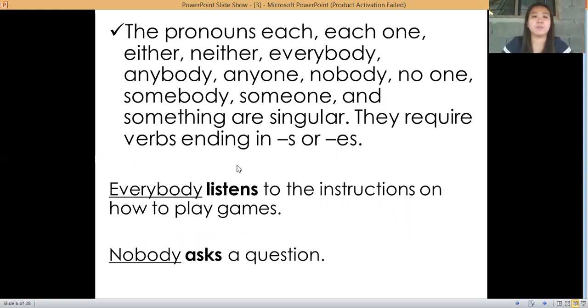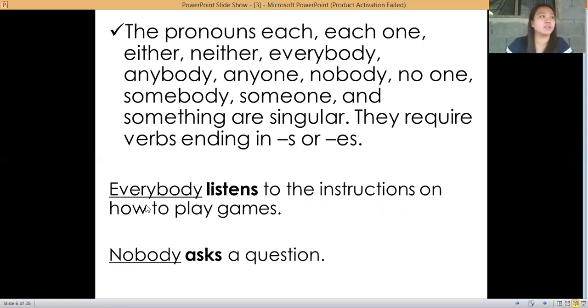I will read the pronouns: each one, either, neither, everybody, anybody, anyone, nobody, no one, somebody, someone, and something are what? Are singular. So they require verbs ending in S or ES. So if you're gonna use any of these pronouns in our sentence, then your verb should end in S or ES.